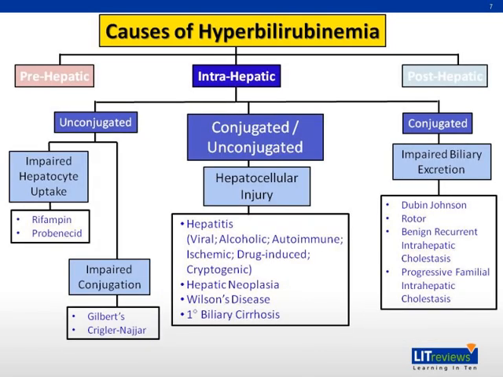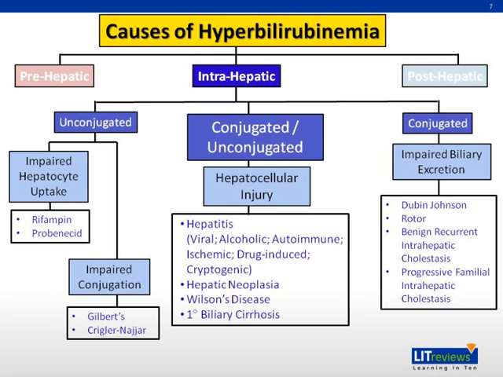Intrahepatic causes can lead to both unconjugated or conjugated hyperbilirubinemia. For instance, impaired hepatocyte uptake of bilirubin due to drugs or inherited defects in conjugation enzymes can lead to a predominantly unconjugated picture. Conversely, impaired biliary excretion from transporter defects can present as a predominantly conjugated state.